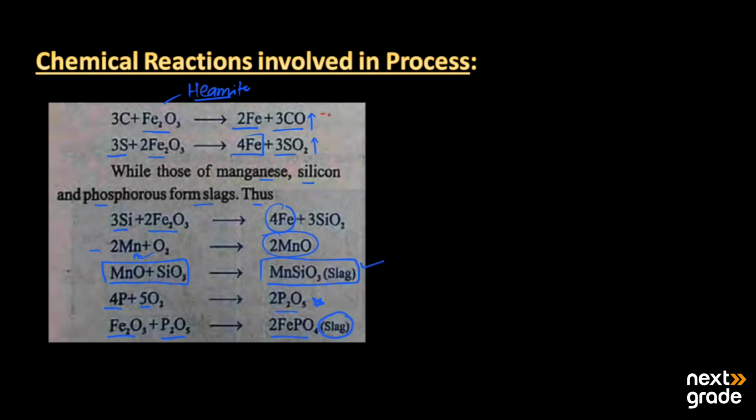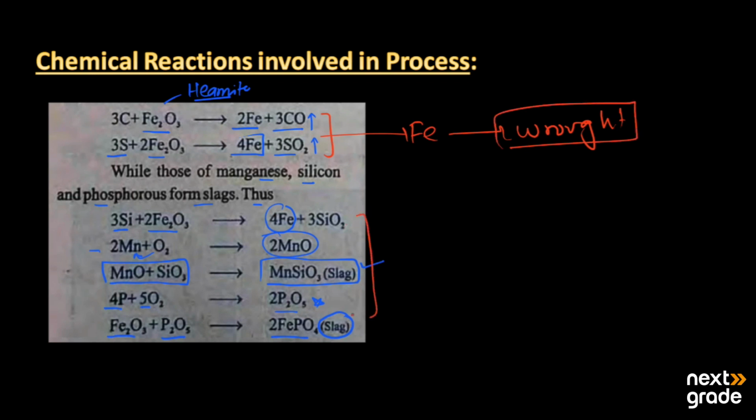So in the first two steps, we gain the iron, which is called wrought iron, and at the end, the other impurities that are present will be converted into the slag. So this was a simple process for the formation of wrought iron from the cast iron that we have.